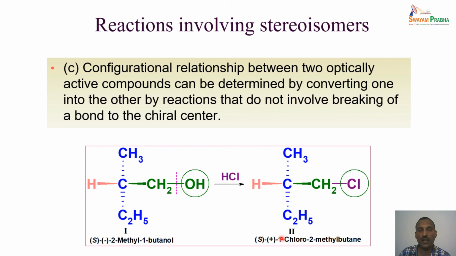As I mentioned earlier, the configuration and the optical rotation are independent of each other. We don't have to say all the time that an S isomer will have minus rotation and an R isomer will always have positive rotation. We cannot say that. Configuration and optical rotation are two different things.